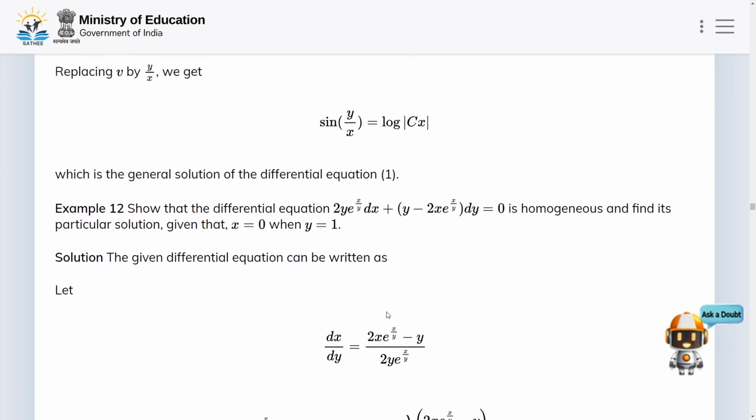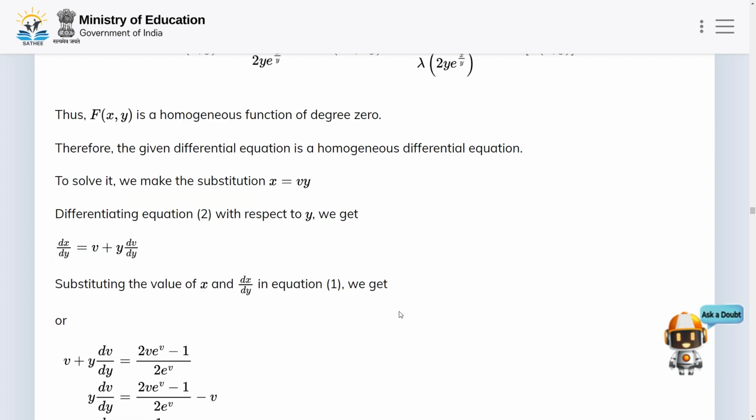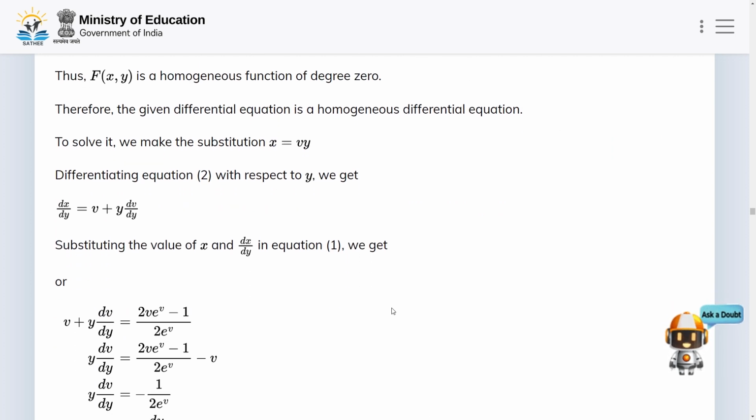Taking y common from numerator and denominator, you will have the form (2 (x by y) e power x by y minus 1) divided by 2 e power x by y. Now you can substitute x by y is equal to v. We substituted x is equal to vy. After substituting, you will get this.